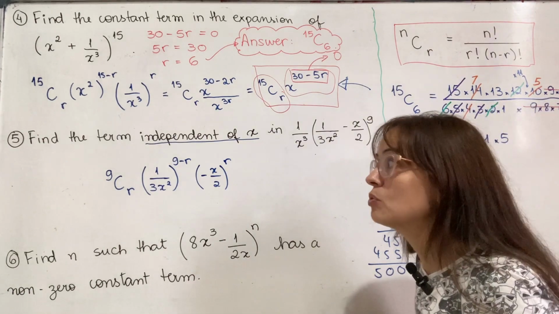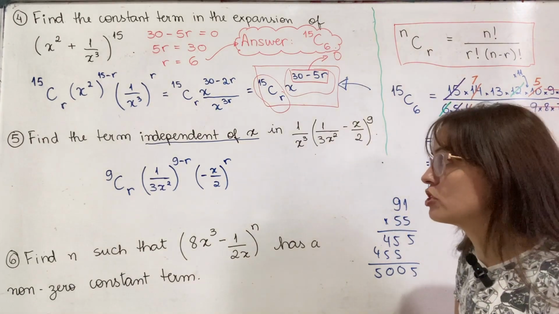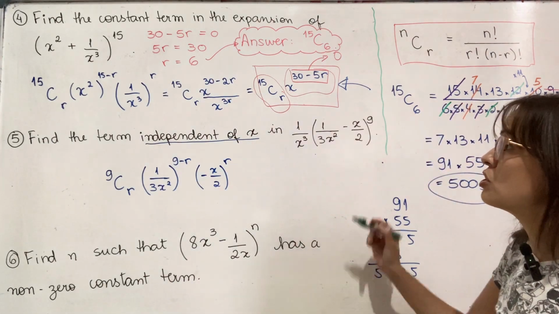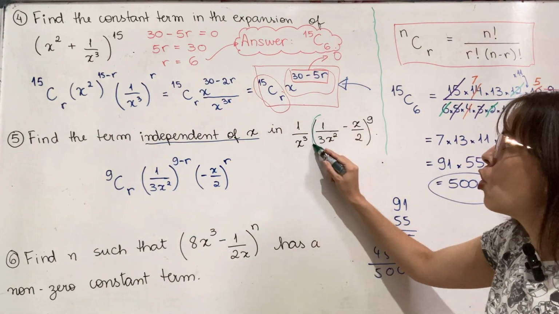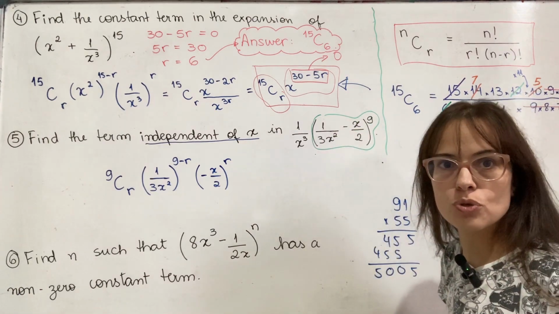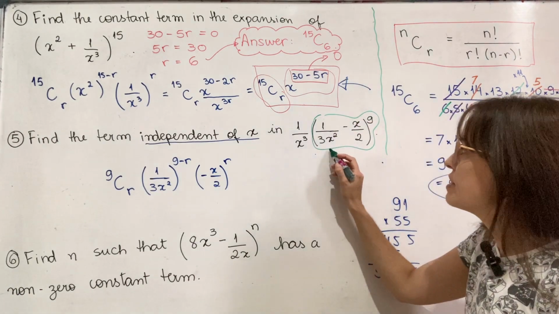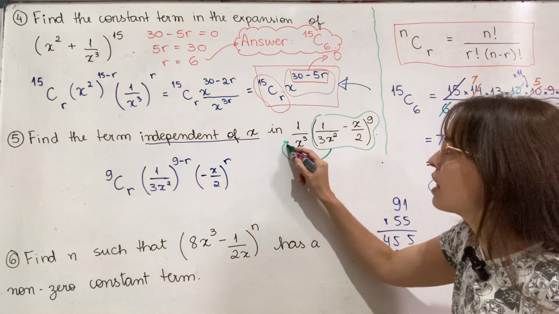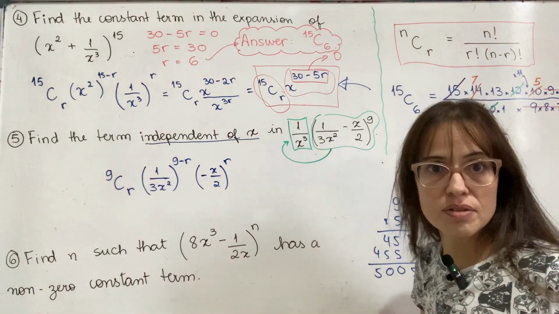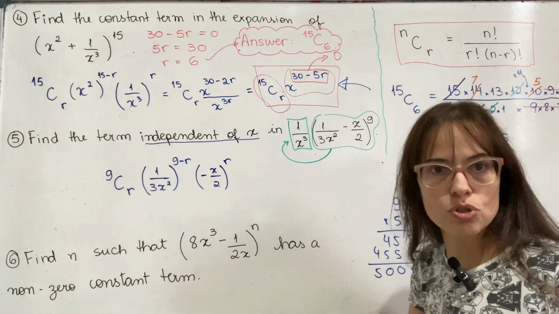The other thing that we should pay attention to in this question that wasn't in the previous one is that this question doesn't have only our binomial that we're going to use the theorem for. It is that multiplied by another fraction that is just sitting there. It's not plus something to the power of anything.